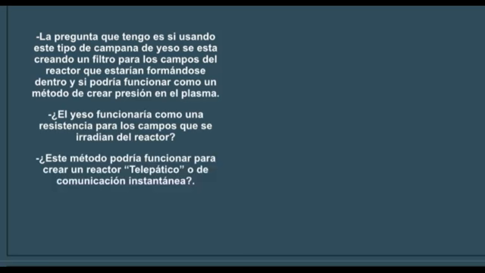Victor is asking you, Mr. Keshe, if this idea of using the plaster helmet could be an alternative for creating pressure on the plasma.